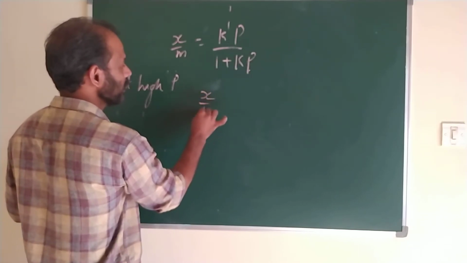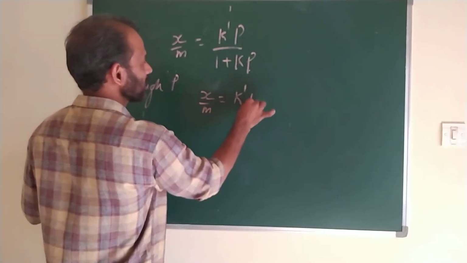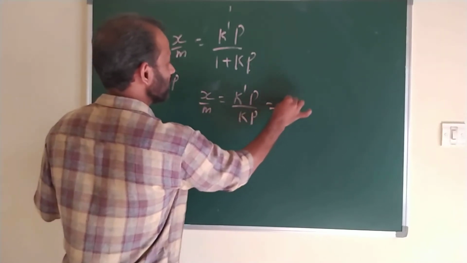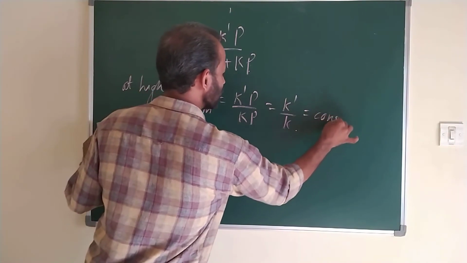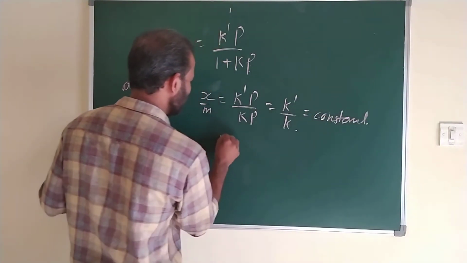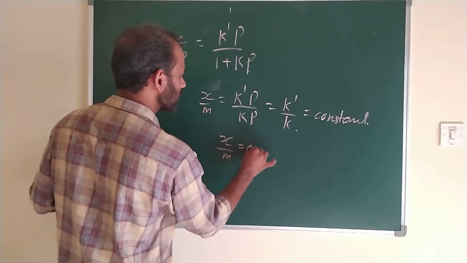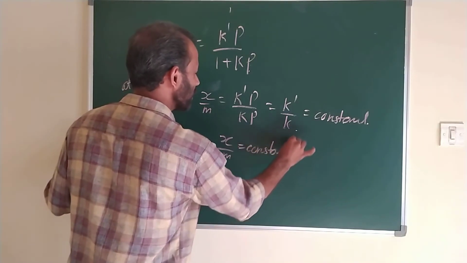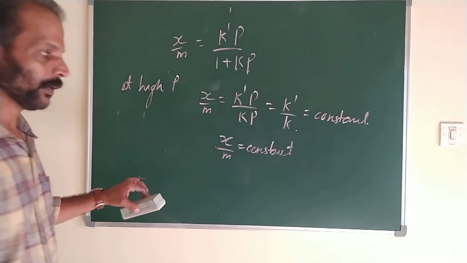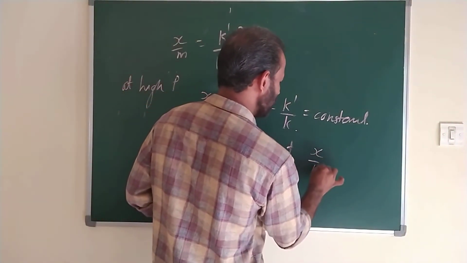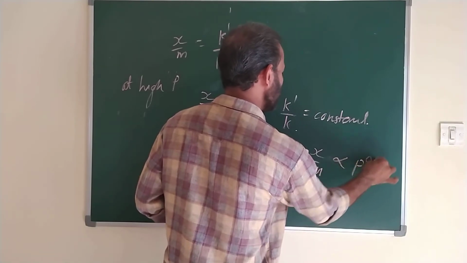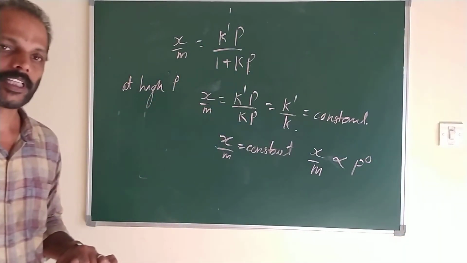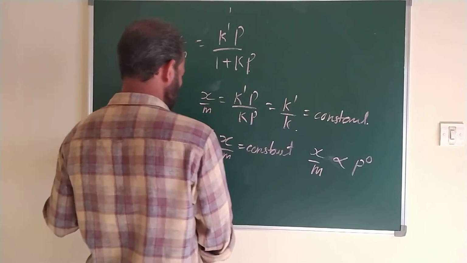So x by m is equal to k dash p divided by Kp, that is k dash by K, which is a constant. That is x by m is constant, independent of pressure, or proportional to p raised to 0.